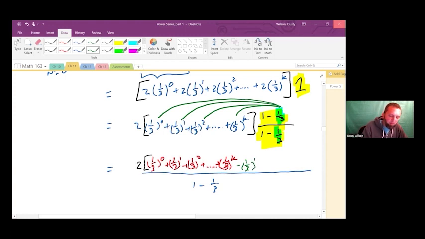Then negative 1/3 times 1/3 to the first would be minus 1/3 squared, and then minus 1/3 cubed, all the way to the last one, which is going to be minus 1/3 to the k plus 1.